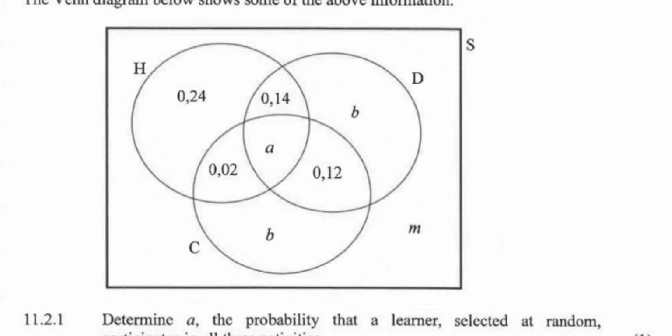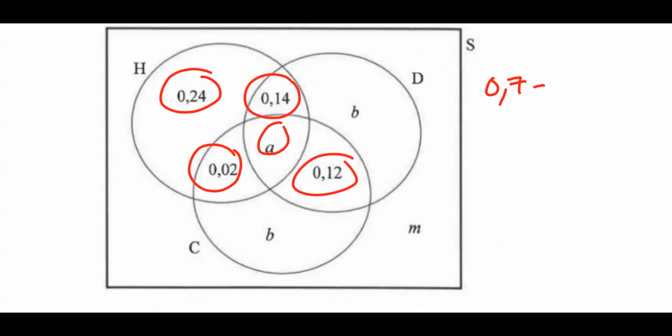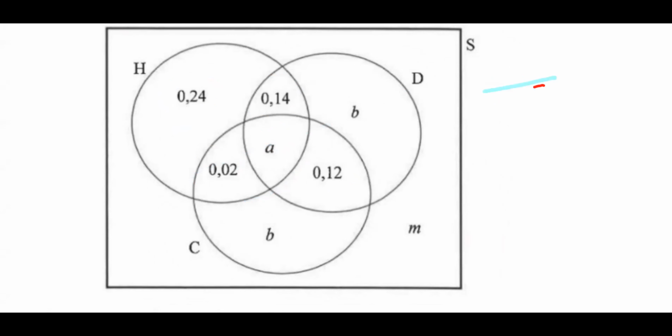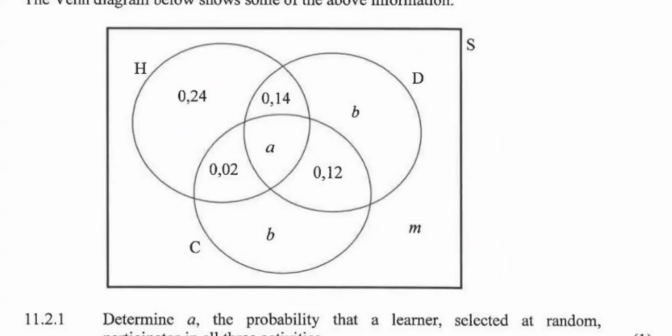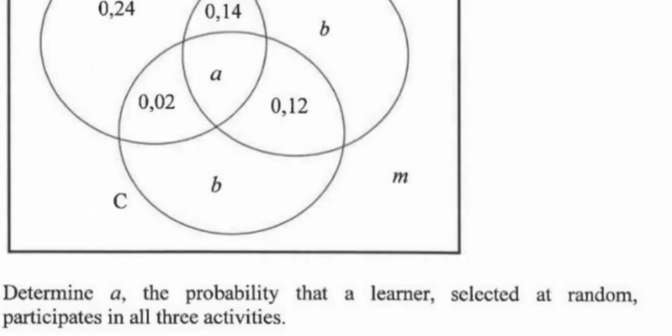So here you're going to take 0.7 minus this, that, and that. Oh, now I got 0.04. Okay, cool. There we go. That should be the correct answer. Right. And M's value we said is 0.3.